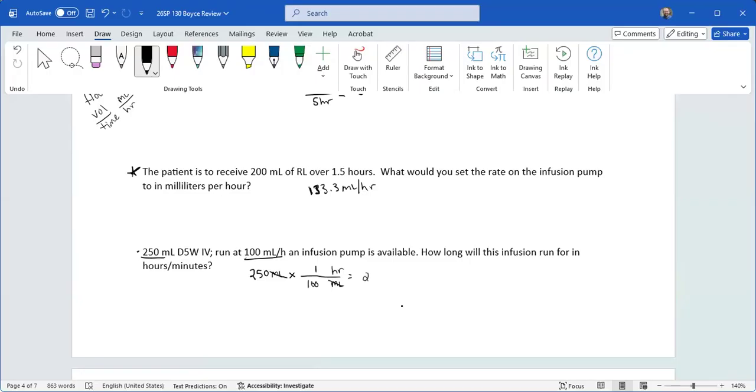And then you'll get the 2.5 hours. They may prefer that you write it as 2 hours, 30 minutes, but I think you get the point. So this is just an example of how else to use and manipulate a flow rate type question.